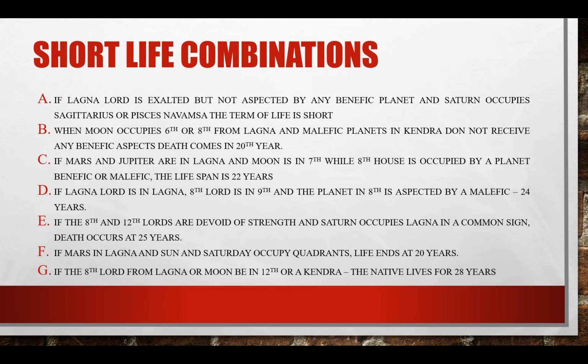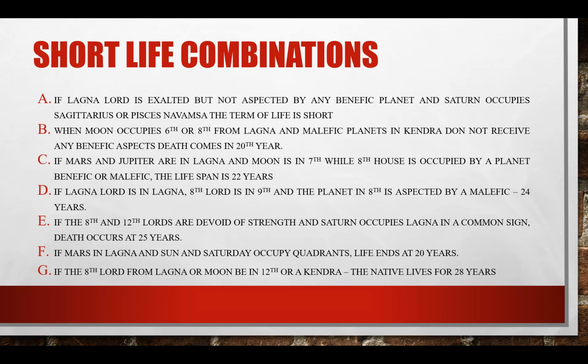All these short life combinations I have categorized from various books and put here. What are those? If the Lagna Lord is exalted but not aspected by any benefic planet, and Saturn occupies Sagittarius or Pisces Navamsa, the term of life is short. When the Moon occupies the 6th or 8th from Lagna, and malefic planets in Kendra do not receive any benefic aspects, death comes in the 20th year.